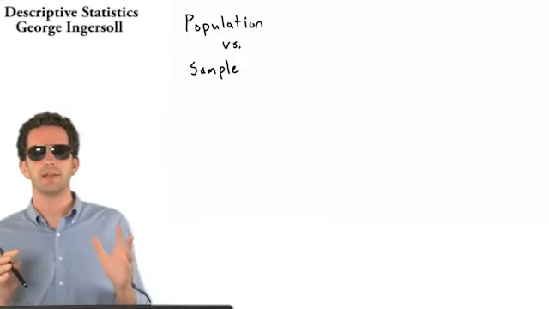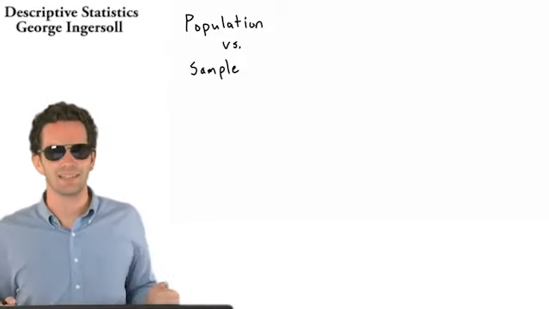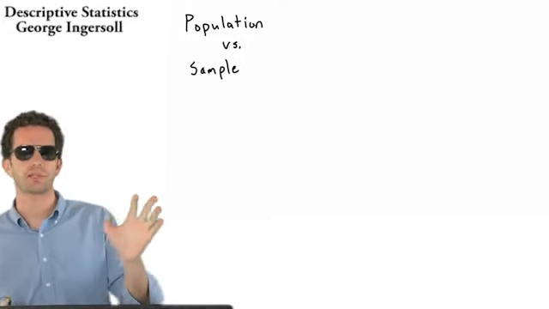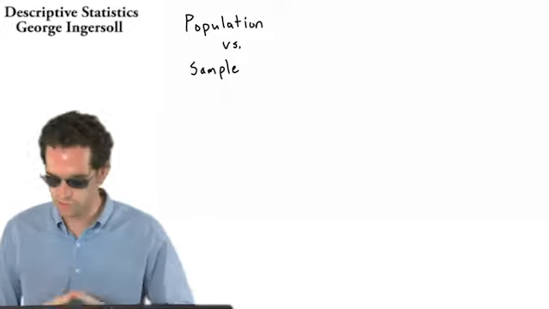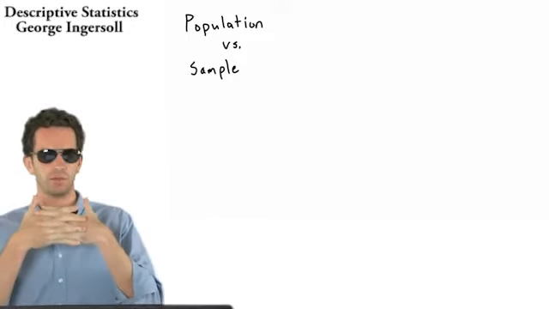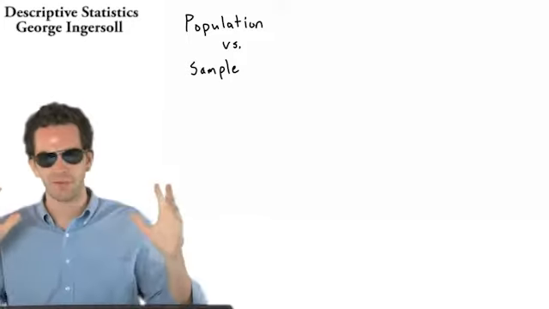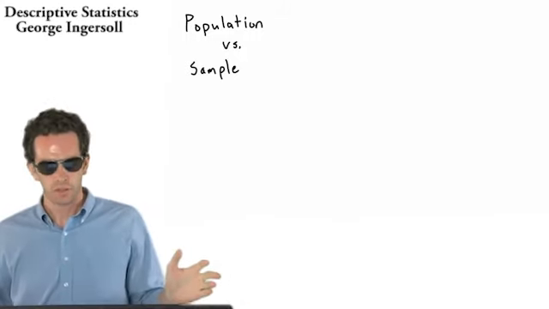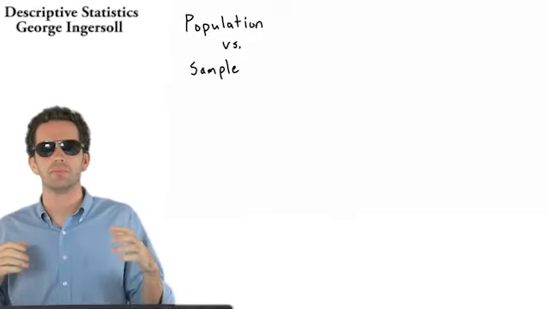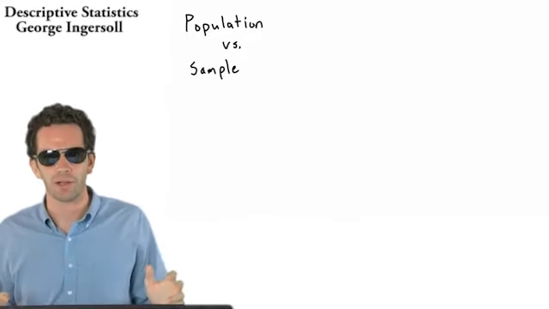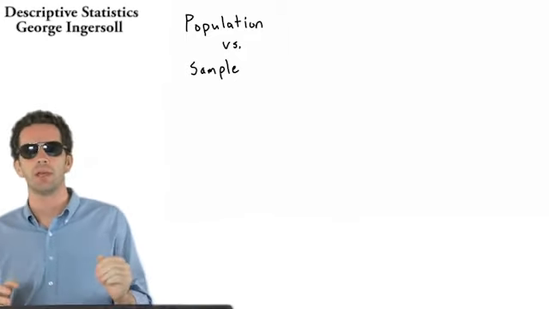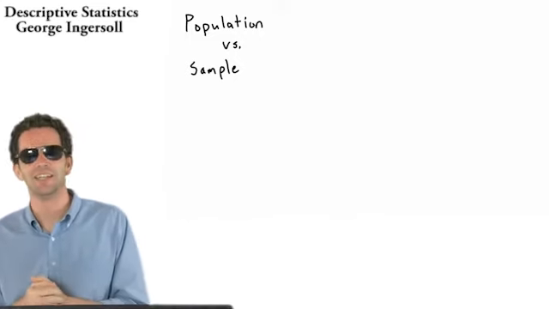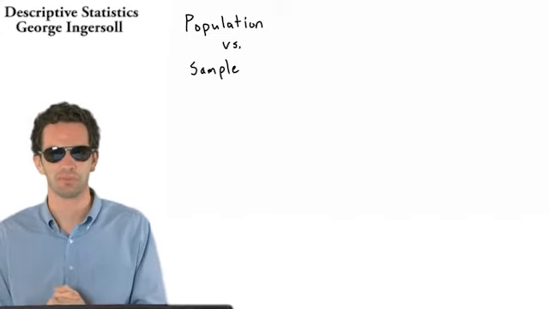Sampling is really kind of the core of what statistics is. You use a sample to predict traits about a population. So for instance, if you were interested in understanding what the average height of people in America is, you're not going to be able to measure the height of every single person in America. So you're going to take a sampling. And maybe you would stand around in Times Square and try to measure people's height.